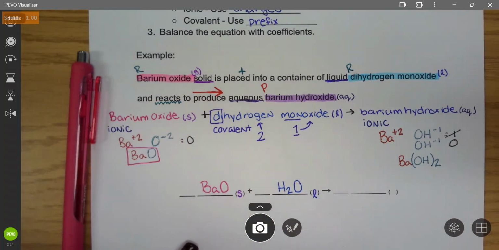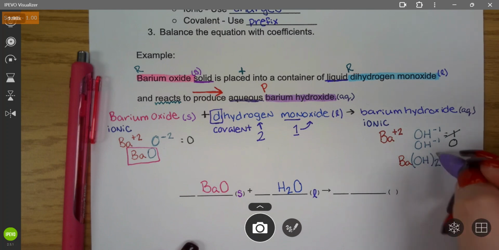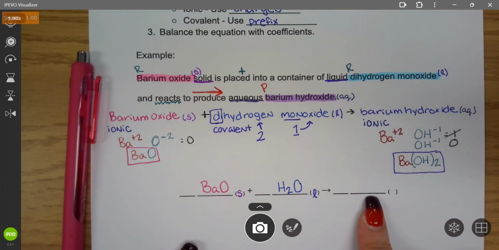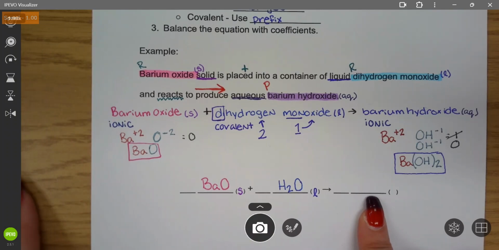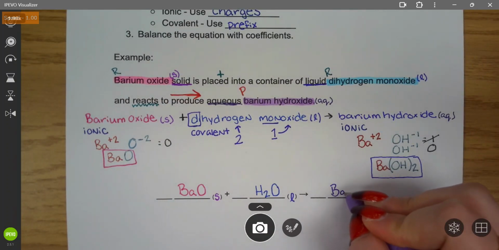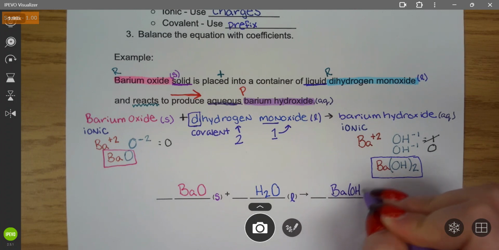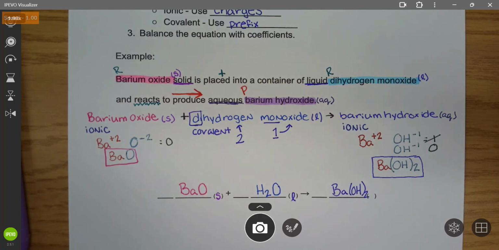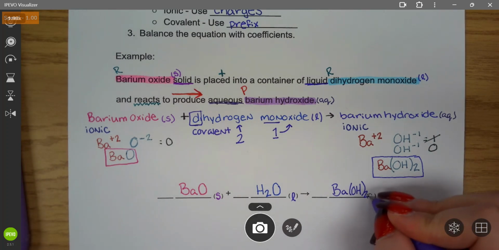So this right here is my second ionic compound, Ba(OH)2. And I place that in my final spot as it is one of my products. So my final product here, Ba(OH)2. And the state is aqueous, so I'm going to put AQ in that little spot here.